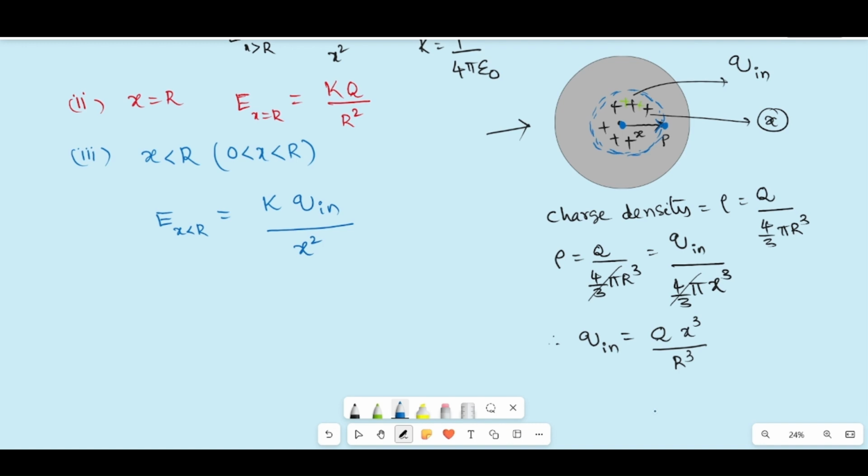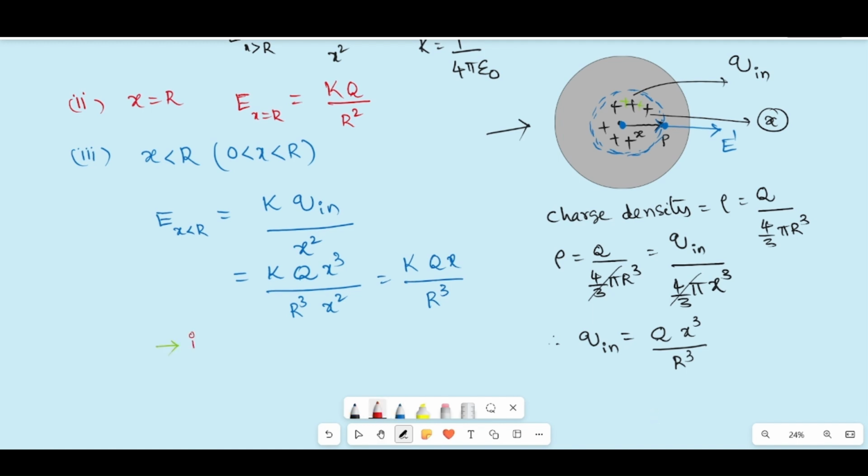This is the electric field intensity direction, some E dash we can write. So k q inside, substitute from here, q x cube by r cube into x square. If you cancel it, you will get k q x by r cube. That is inside. So it's a very interesting point we got here.